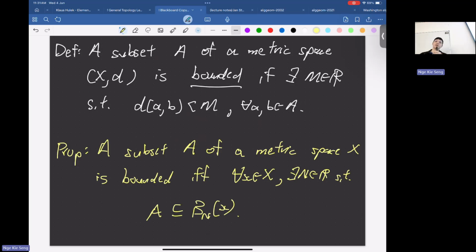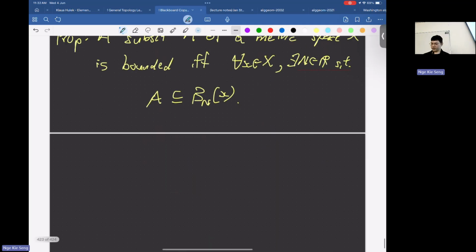So another equivalent definition is you can find a ball, starting from anywhere, such that the whole set lives inside this bounded open ball. For example, for this group of people, I can go from any point in this space X and build a big enough ball to include them. Make sense?